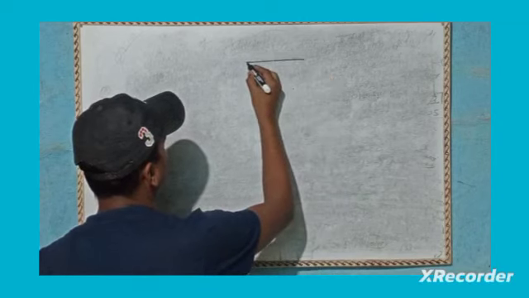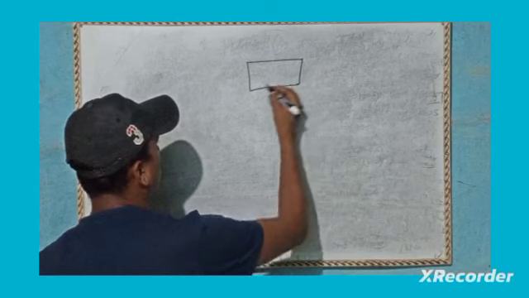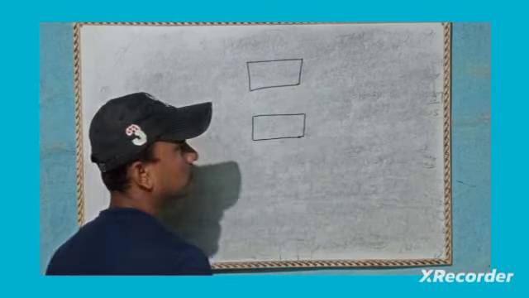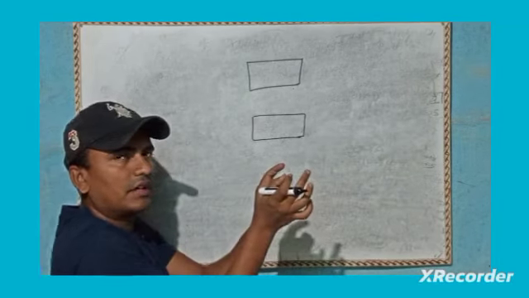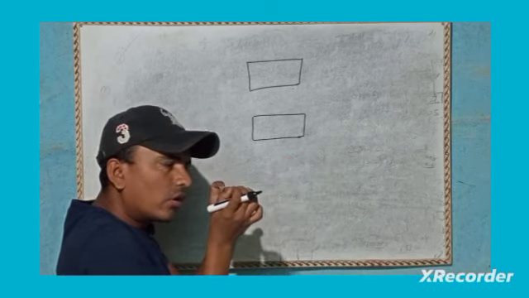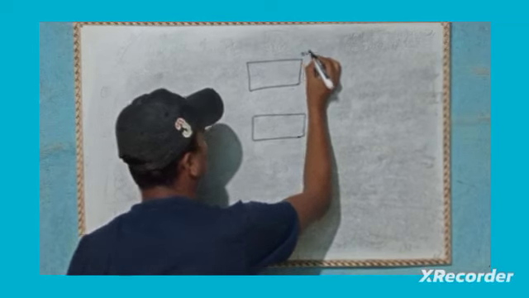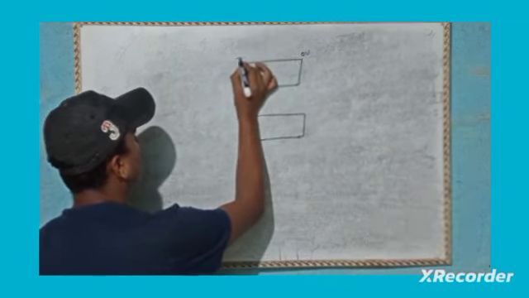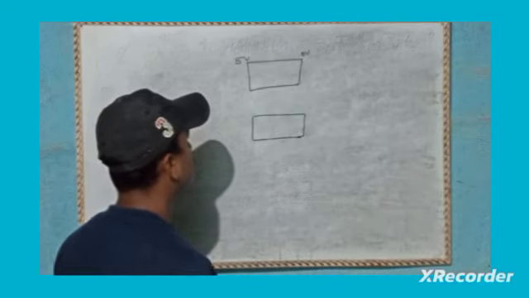Suppose it is a conductor and another conductor. I will explain the potential difference across two different terminals or points. Suppose here 0 volt and here 5 volt. Yes or no?